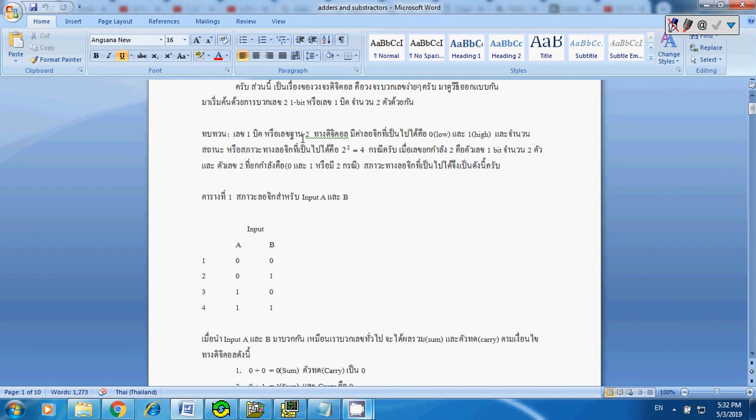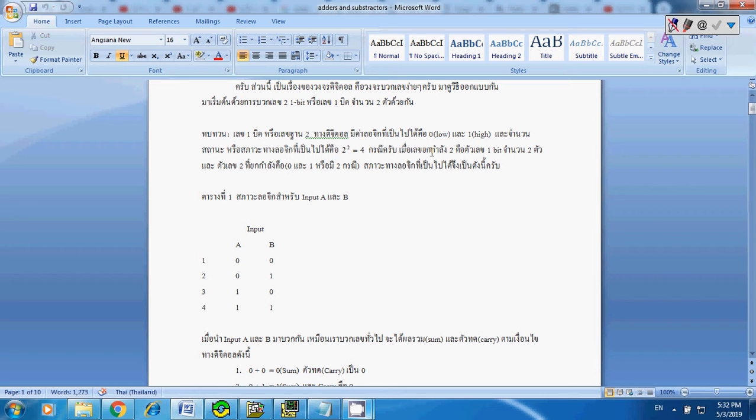In this case, I'm going to talk about the base 2 number, in which you have the logic status to be 0 and 1, or in terms of 0 is low and 1 is high.